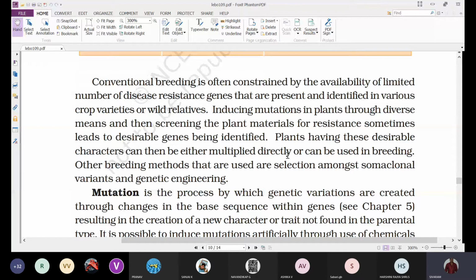Even in the NEET examination, in the matching, they may give the crop variety and the disease, or the newly improved variety and the type of the crop.